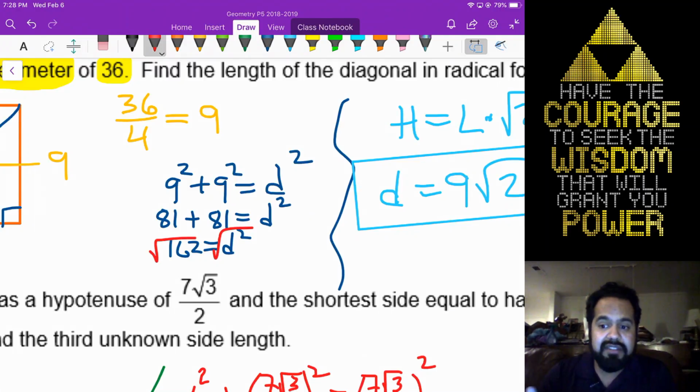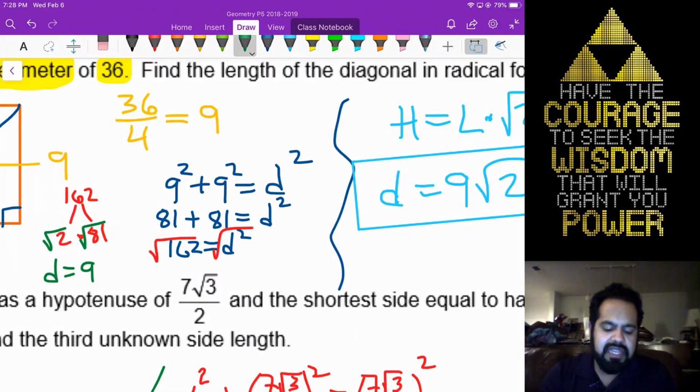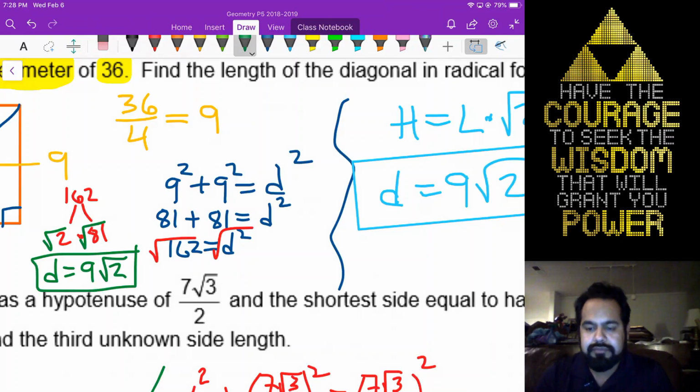Now, I'm going to cheat a little because I already know what this one is. 162, remember it's 81 plus 81. That's the same thing as 2 times 81. Well, if I take the square root of both, I know the square root of 81 is 9. And I can't take the actual square root of 2. So there's that. That's not the long formula. That's just, hey, I'm solving for the value of d.